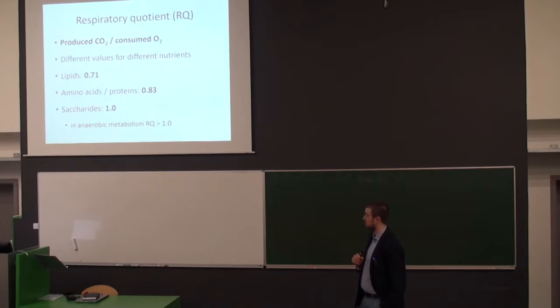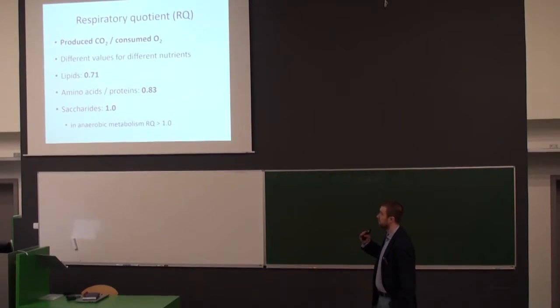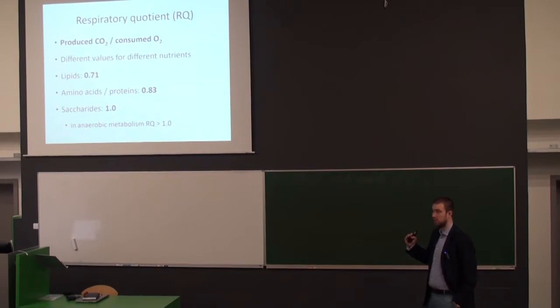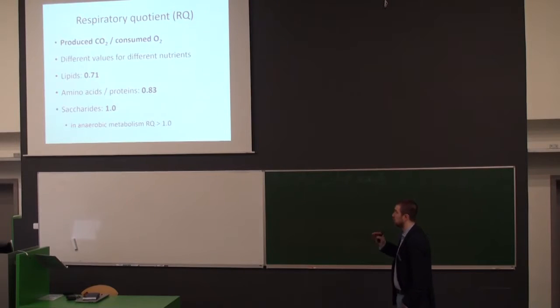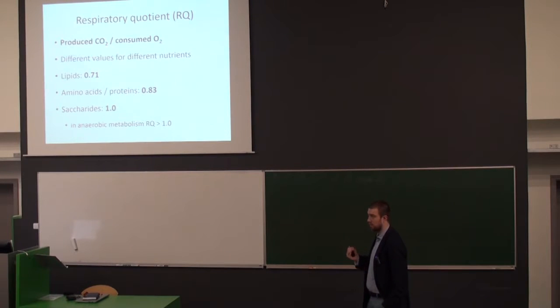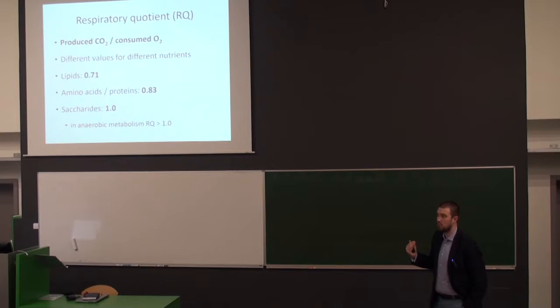So that's the average value for the respiratory coefficient under the aerobic condition. That means when you fully burn lipids, then you must consume more oxygen than you finally produce carbon dioxide. And therefore, since oxygen is in the denominator, you must gain a value below 1. And it's 0.71.